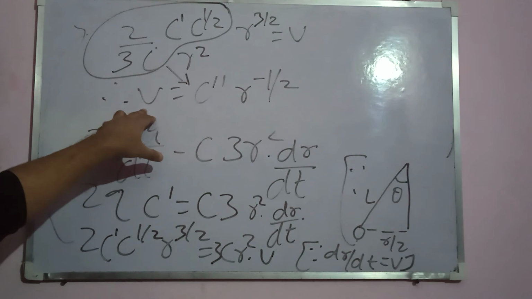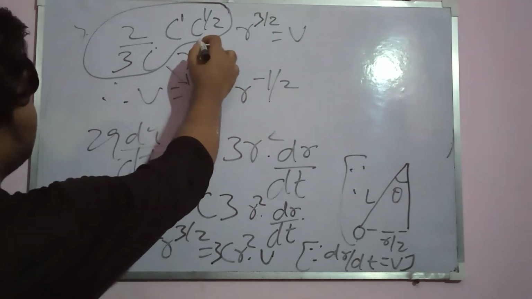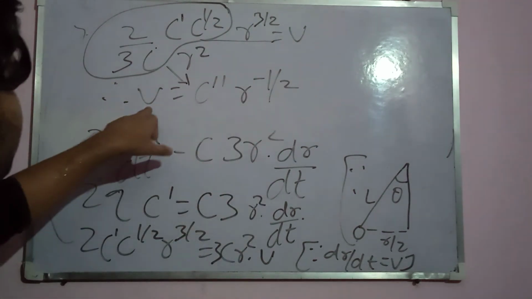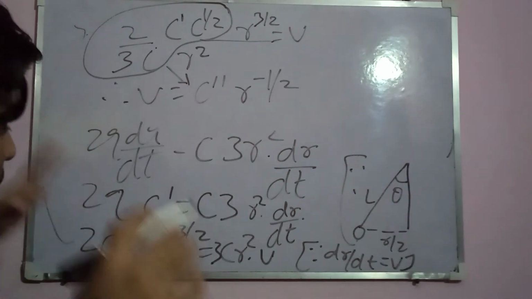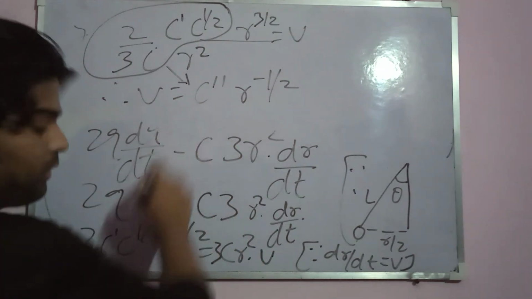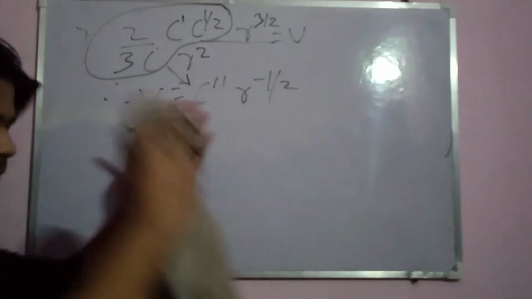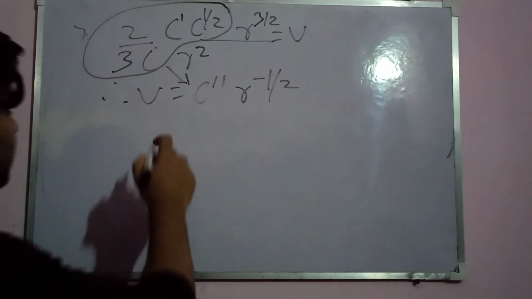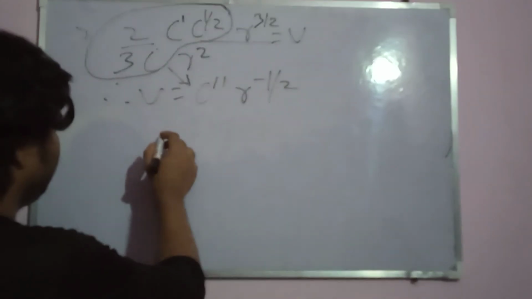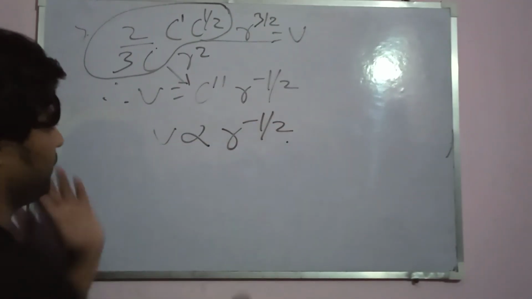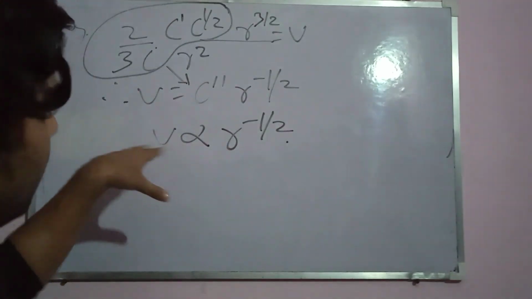There will not be r power 1 by 2; this is downstairs, so v is equal to this. What we get here is that the velocity of the approaching charges is proportional to r power minus 2. V is proportional to r power minus 2. That is our conclusion here.